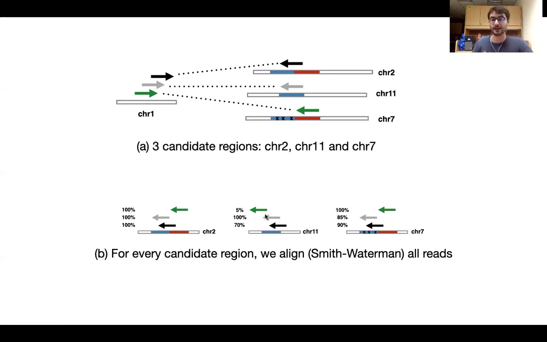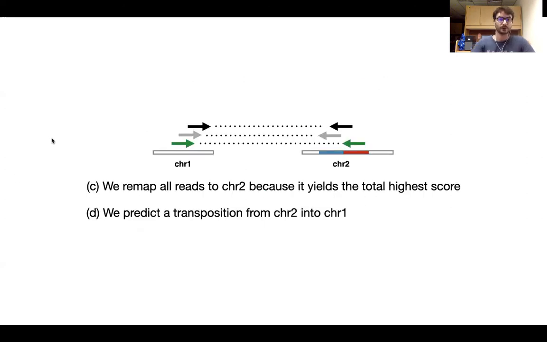Either they will not align at all, or they will not align so well. And because of this, we understand that chromosome 2 is the correct location for the transposition. So we remap all the reads onto chromosome 2. And finally, it's easy to actually cluster the evidence into a single transposition, which is finally correct.